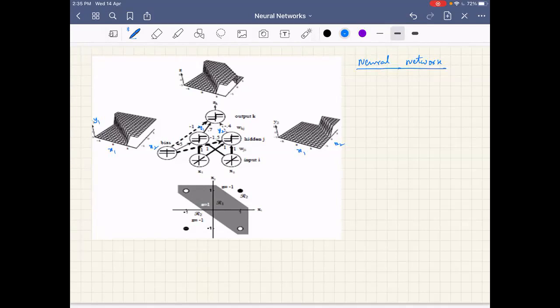As we discussed, the first thing is architecture. So what kind of architecture should we have? Usually the well-known, widely used and simpler architecture is the feed-forward neural network.